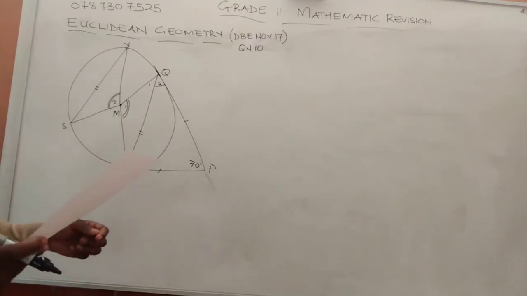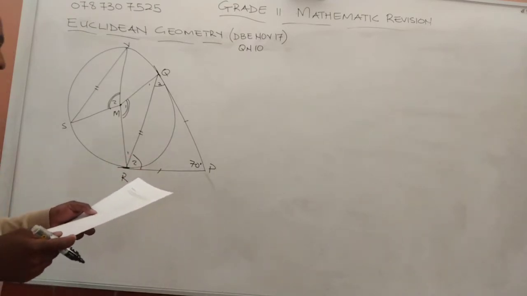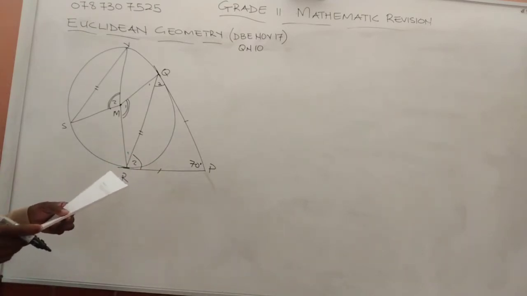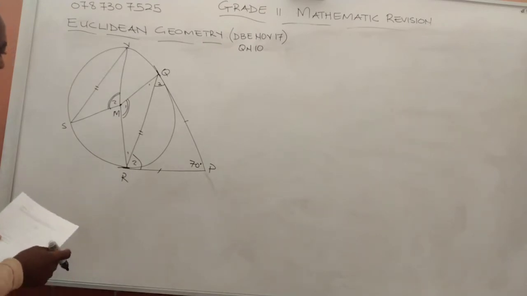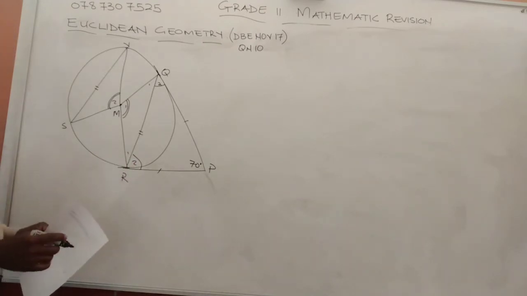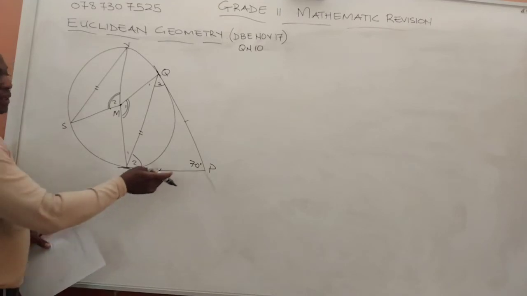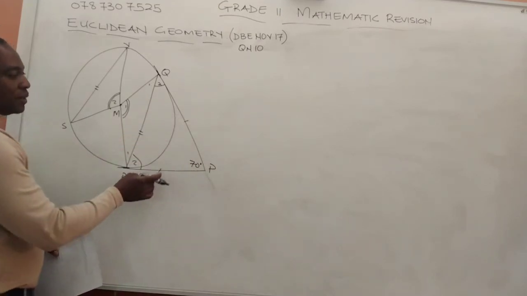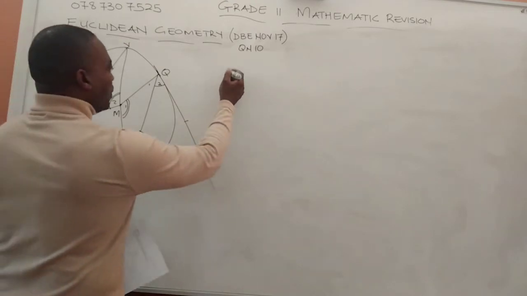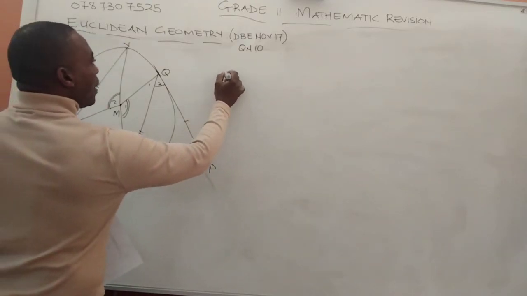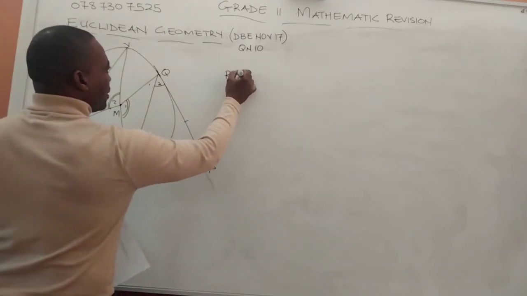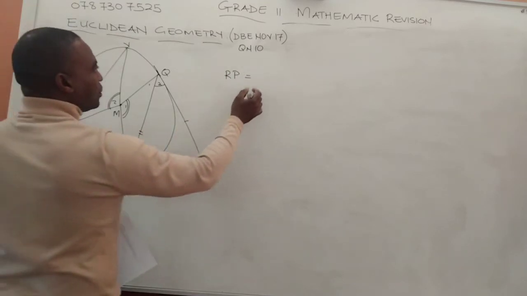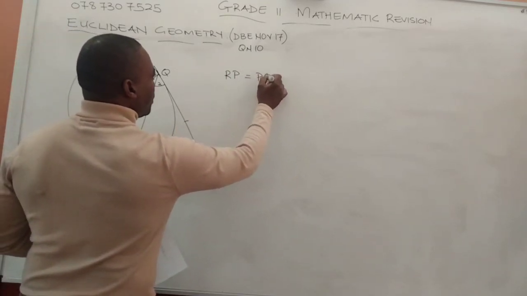Alright, then the first question, 10.1, calculate the size of angle R2. Where is angle R2? Is here. We have already said that tangents from a point outside the circle are equal. That means we are saying RP is equal to PQ.